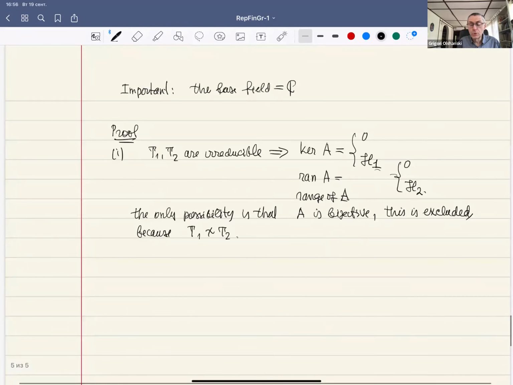So here we don't need to use the assumption that the base field is algebraically closed.